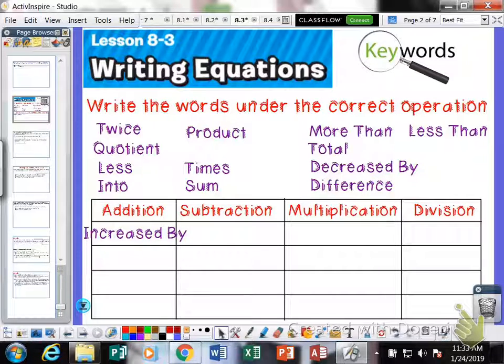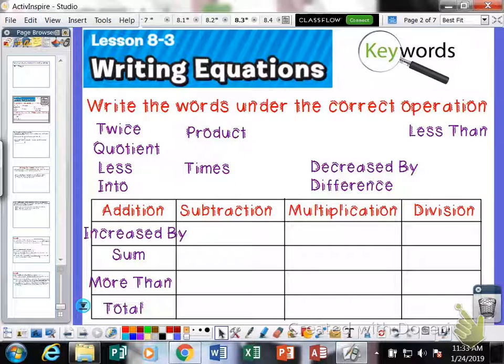Another one would be sum, more than, and total. Whenever you see one of these terms, just understand that you are doing the operation of addition.